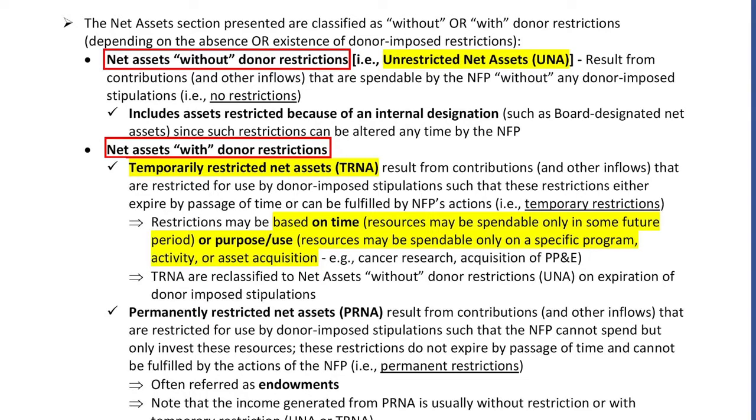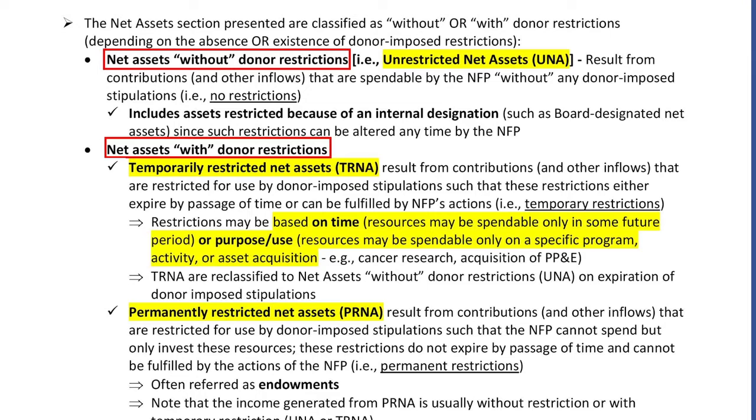Now, the net assets with donor restrictions may also be permanently restricted. So, highlight permanently restricted net assets, which are restricted for use by donor imposed stipulations, such that the not-for-profit cannot spend but only invest these resources.